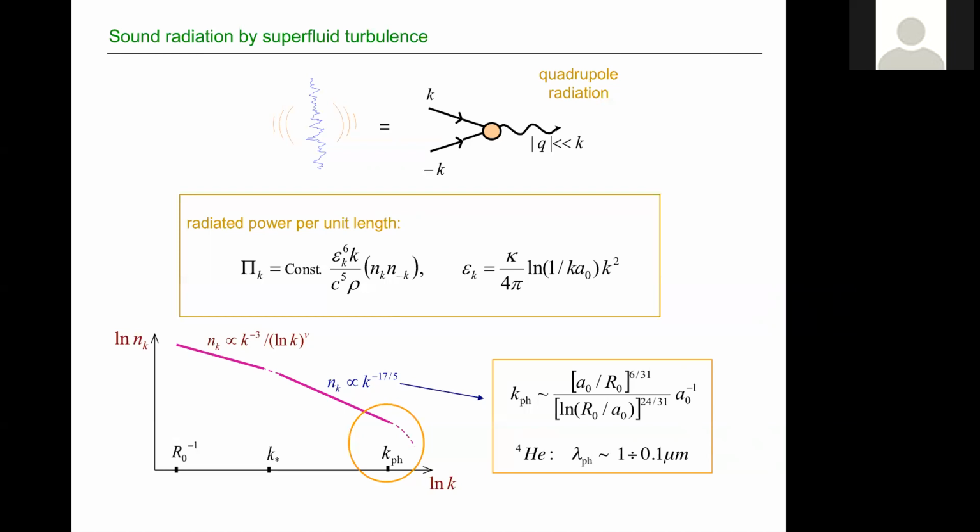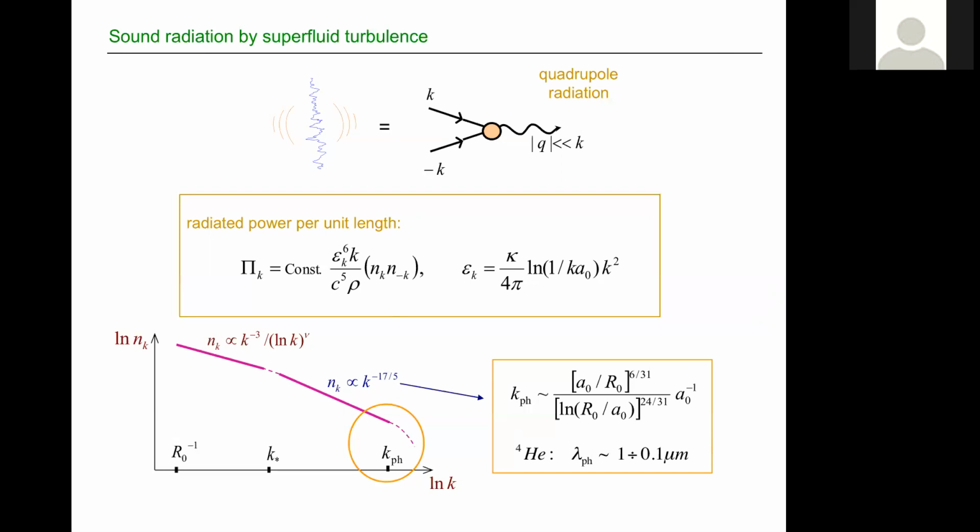You need two of them, and because each of them carries an angular momentum quantum of -1, the phonon that you get has angular momentum -2, so quadrupole radiation. So I can compute the power of quadrupole radiation, but basically this formula, the constant is the only thing that you need from this vertex, right? The whole thing you can find in Landau-Lifshitz, as long as you know that it's quadrupole radiation. It's the same classical physics formula for sound radiation, right? Quadrupole radiation.